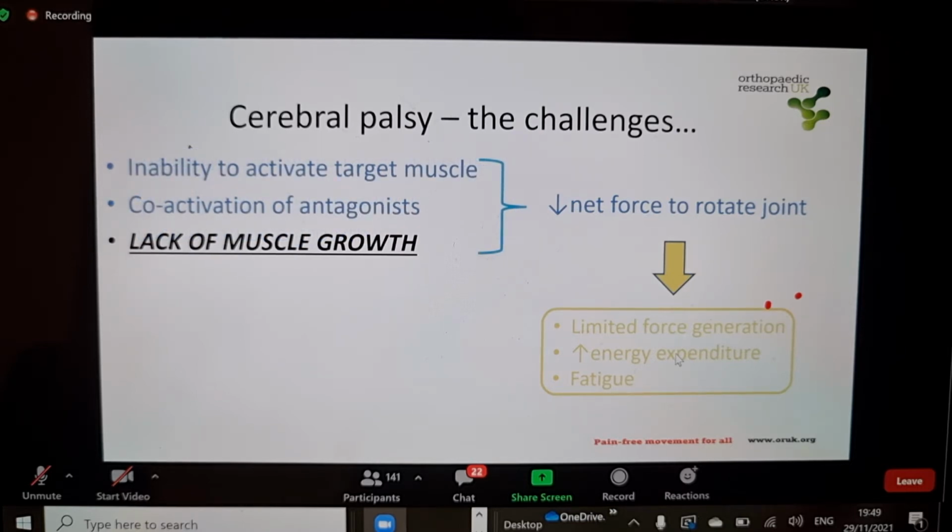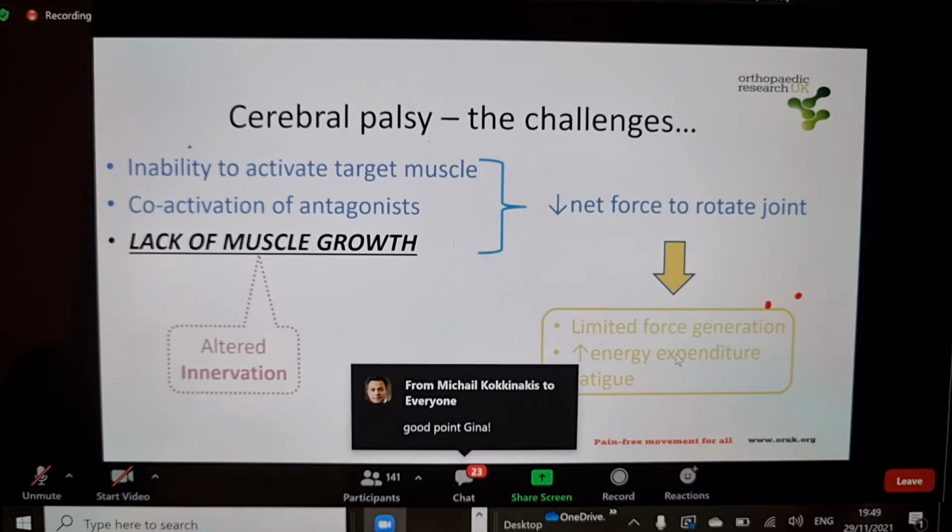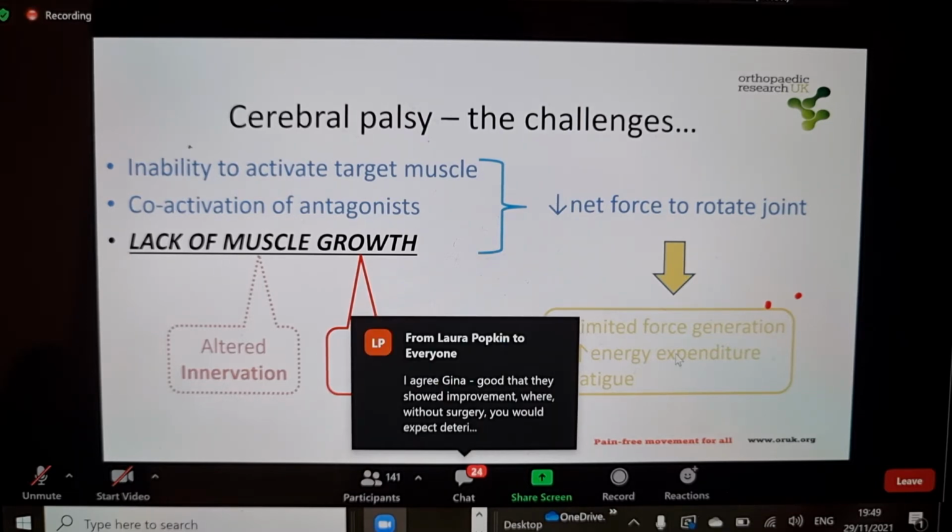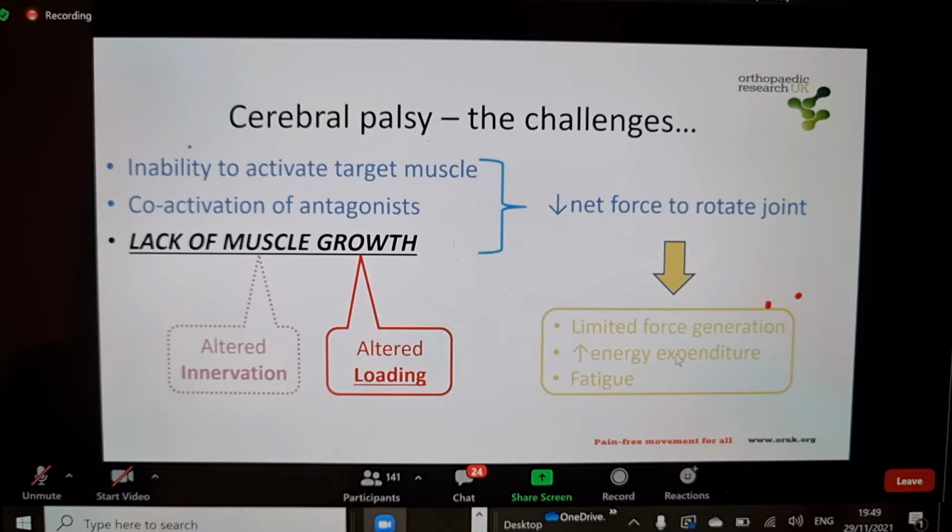And why would the muscle be growing abnormally? Well, two reasons. One, because it's abnormally innervated. And secondly, because it's abnormally loaded. So muscle is a superbly plastic tissue which responds to load. If that were not the case, Fitness First would not be making such good business. So muscle responds to load, we know that.